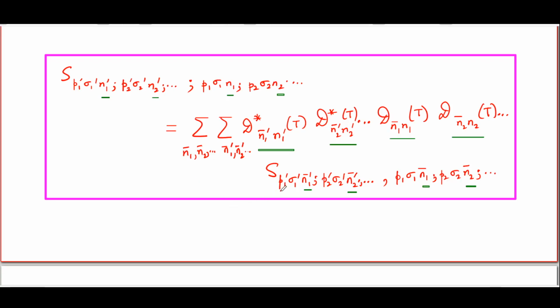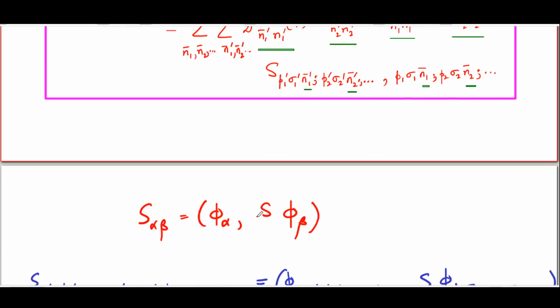For Poincare transformations, it was the p's and the sigmas which were affected by the transformation, and the n's stayed aside as spectators. Here it is the n's, the particle species labels, which are being affected. Let us now go on to take a look at what this means in terms of the S matrix.